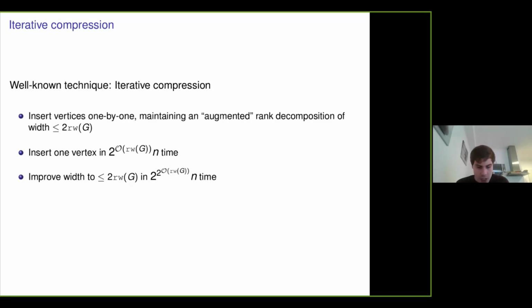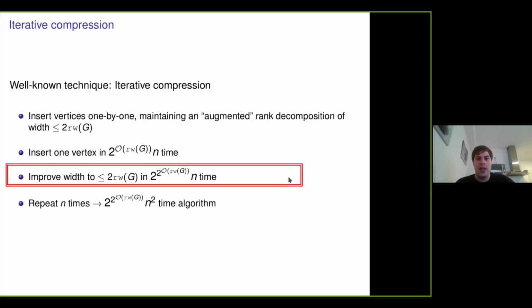So we need to improve the width to at most 2 times the rank width of G. This is really the novel part of this algorithm, and we do it in time double exponential in rank width and linear in n. Then this step of inserting a vertex is repeated n times and results in a quadratic time algorithm.